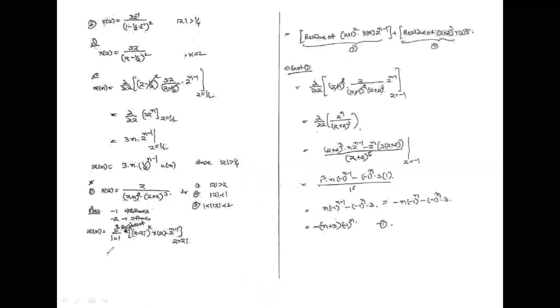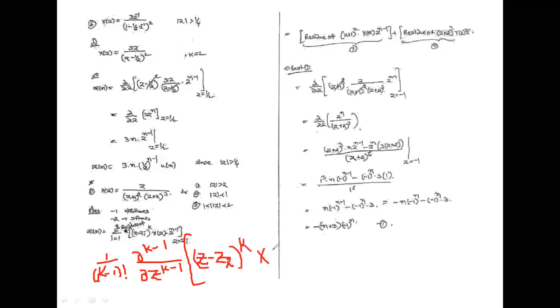What is the residue method formula? 1 by (k minus 1) factorial, dou power k minus 1 by dou z power k minus 1, whole multiplied with (z minus zi) whole power k, where zi is a pole, and x of z multiplied with z power n minus 1, at z is equal to zi.